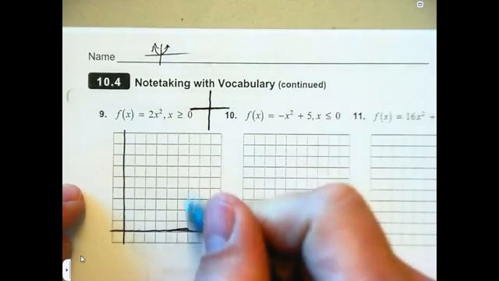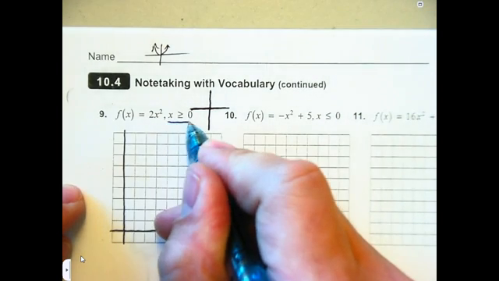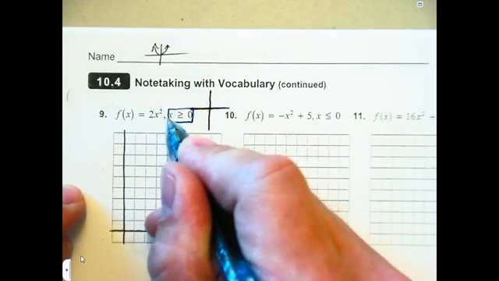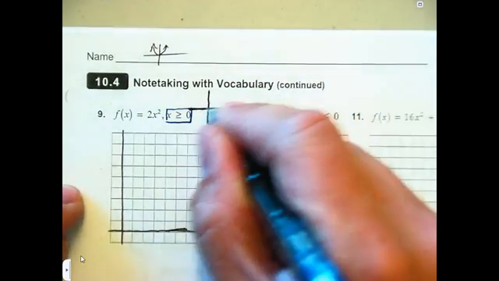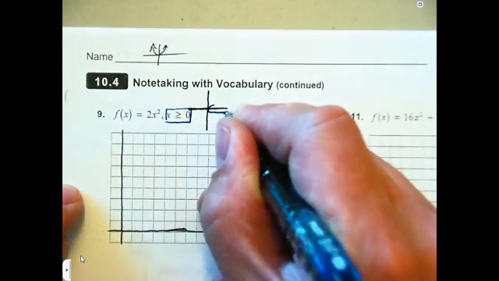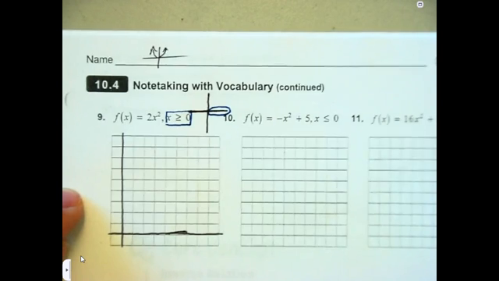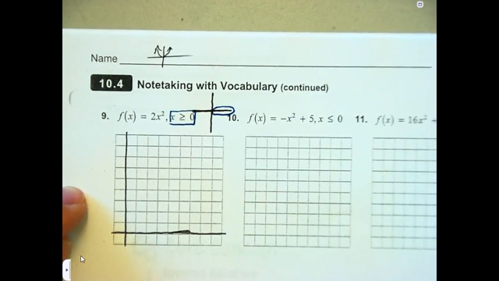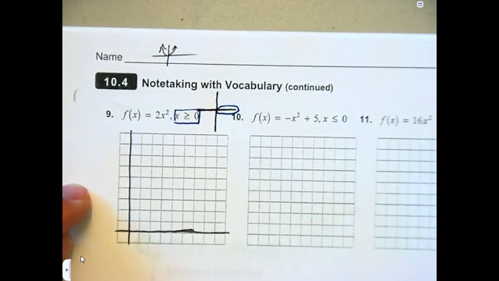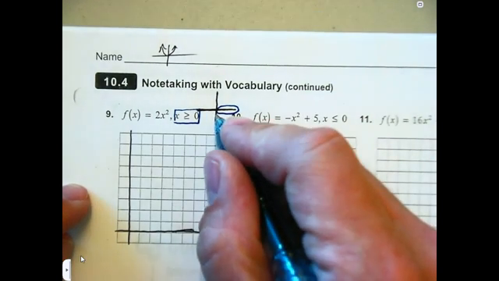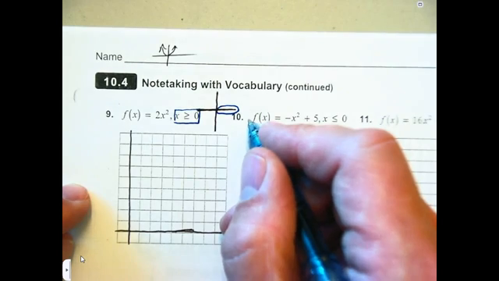I want you to circle the part of the x-axis that is greater than or equal to 0. Okay, I'm hoping that everyone circled that. We in agreement? Any questions on why we're circling that?